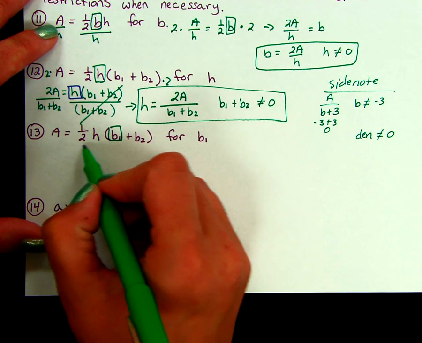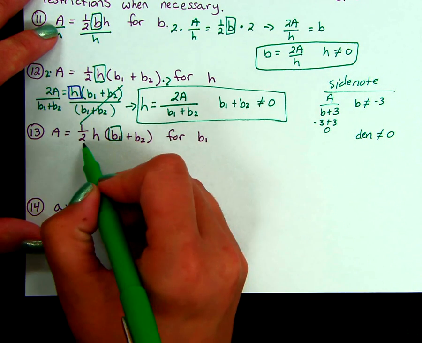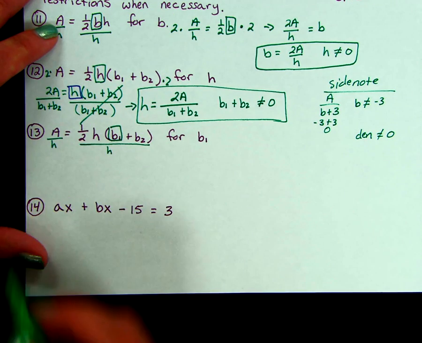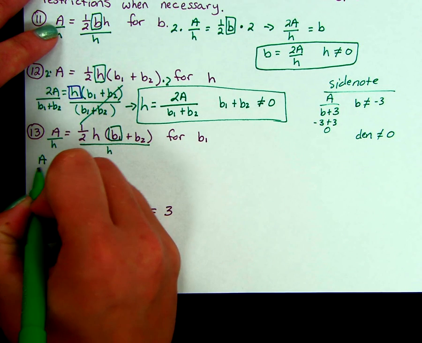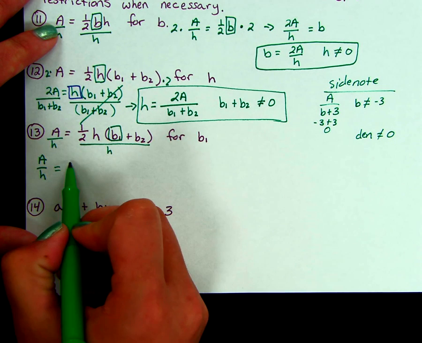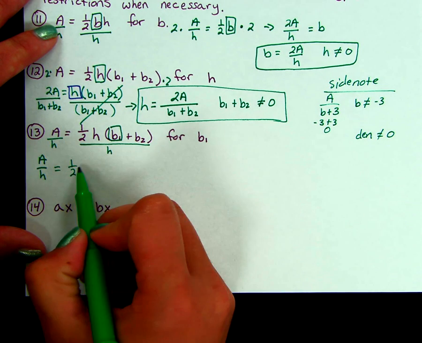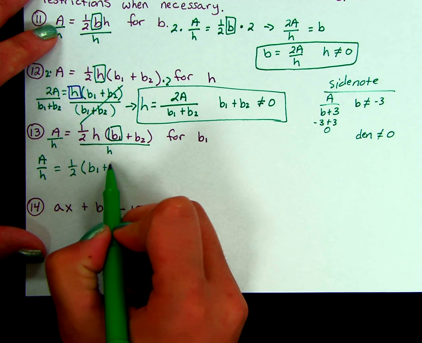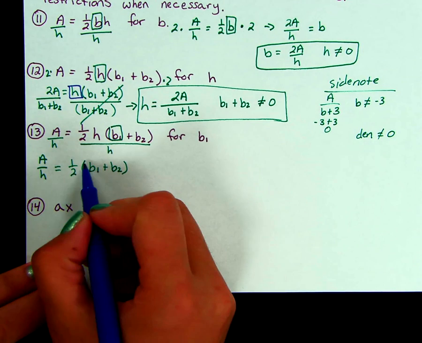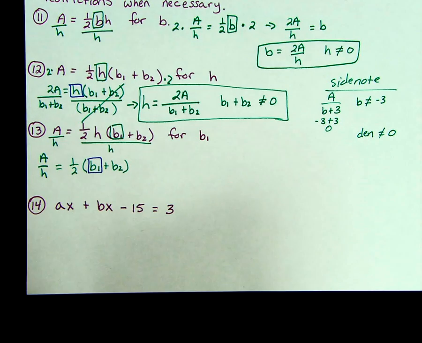So instead, I'm going to divide everything by h. Okay. So now we have a divided by h equals 1/2 times the quantity of b1 plus b2. And again, we're trying to get b sub 1 to be alone.